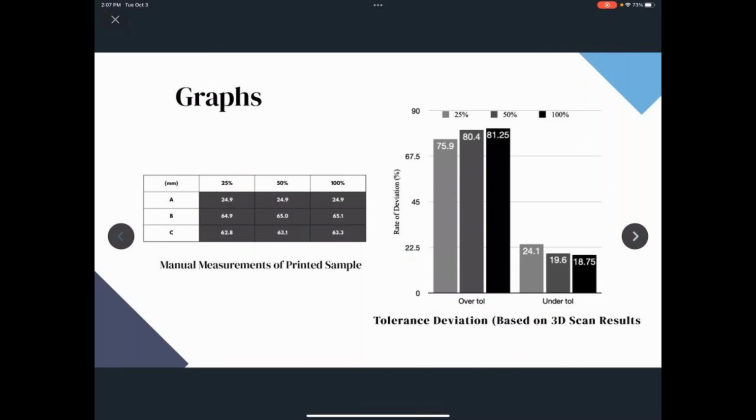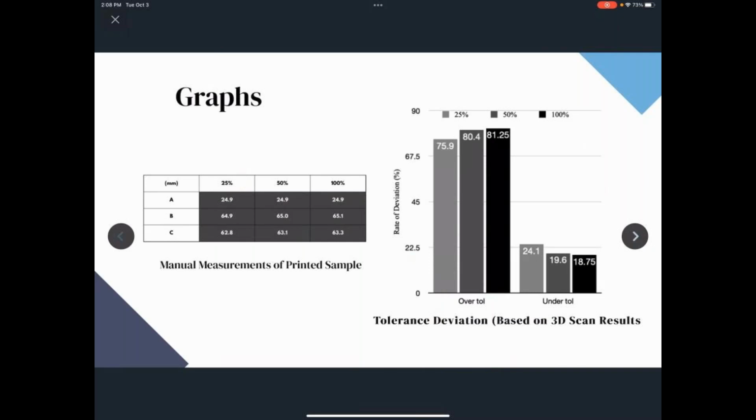Additionally, for the B, which is the external measurement, for the 25 percent, it decreased from 65 to 64.9, which is a decrease of 0.5 percent. For the 50%, it was constant, and for 100%, it actually increased by 0.5, 0.15, I'm sorry.